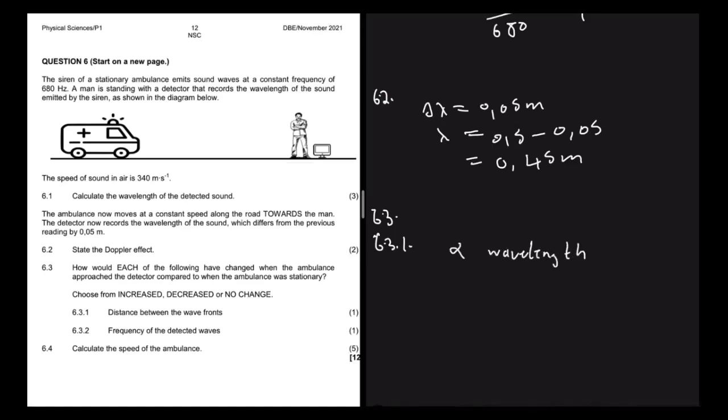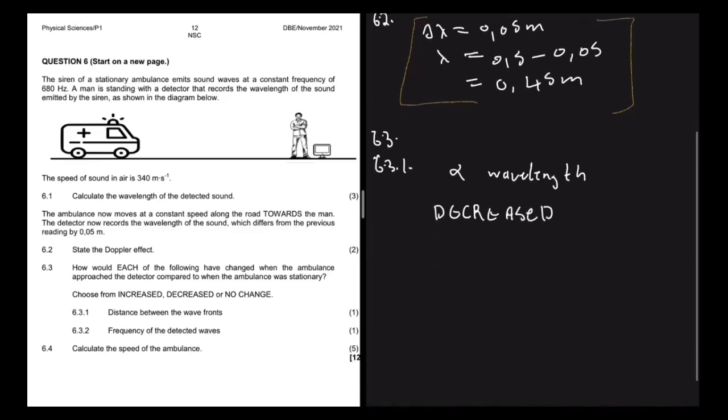And if you can see here, I've already shown you that the wavelength will go down when the sound source is moving towards the listener. So for 6.3.1, we'll have decreased, right? Because the options we have are increased, decreased, or no change. So we're going to have decreased because the wavelength will go down, so that means that the distance between the wave fronts decreased.